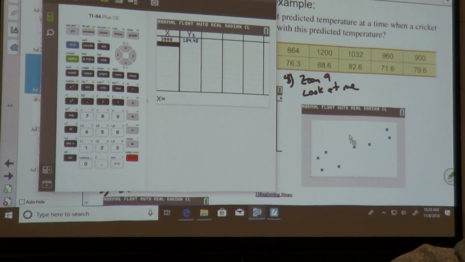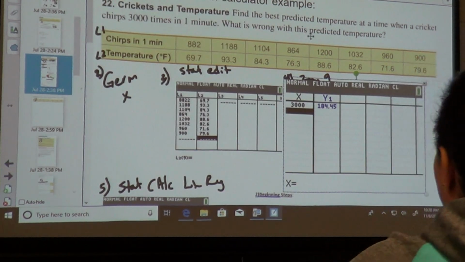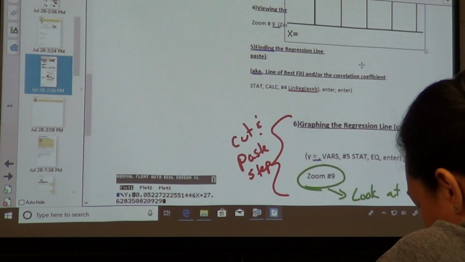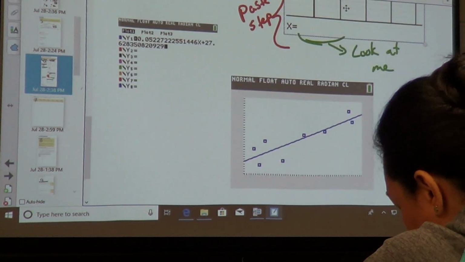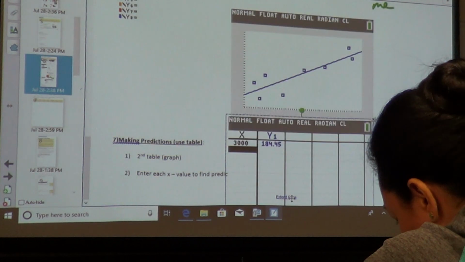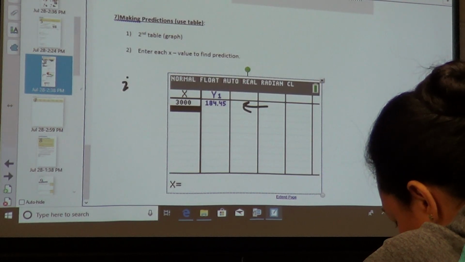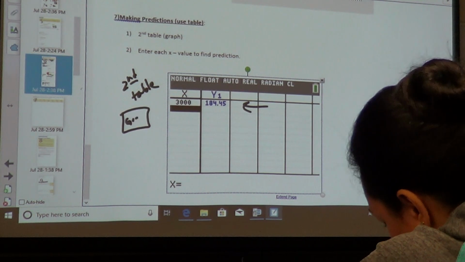That's amazing. Now, it says, what is wrong with this predicted temperature? It would never get that hot. There you go. So I did Second Table, which is the graph button.